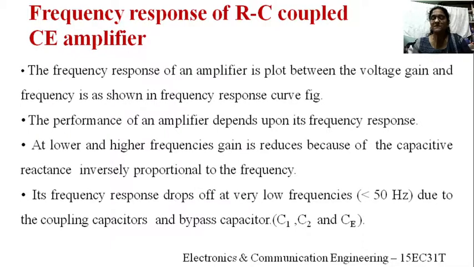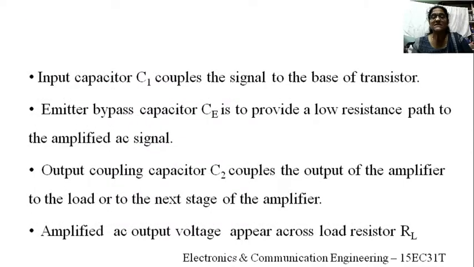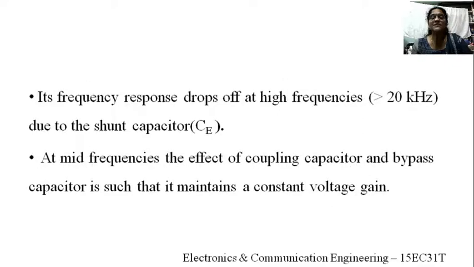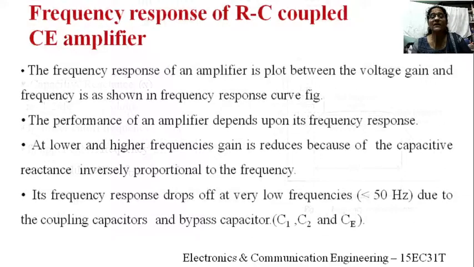In this frequency response, you see that over some frequency range it maintains the output voltage gain. That range we call the usable frequency range, also called the bandwidth. We will come to the bandwidth later. Here the performance depends upon the frequency response only.